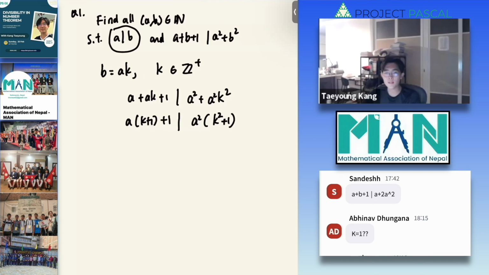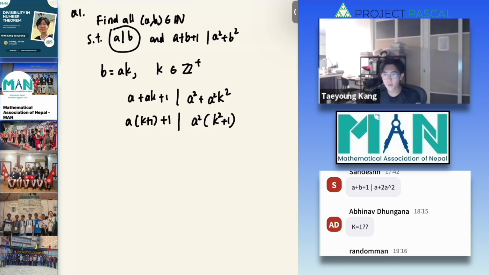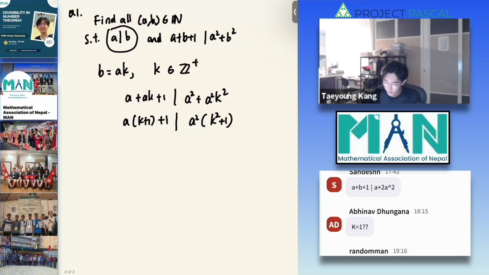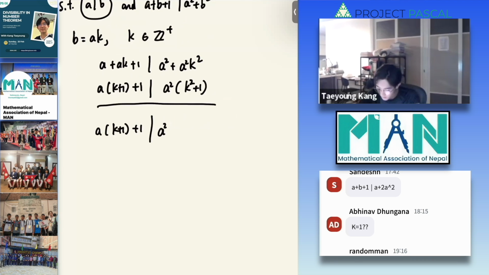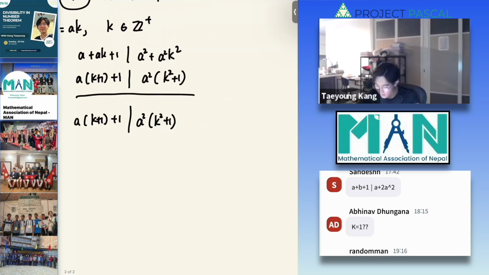And now, as Sandesh mentioned, we can use the Euclidean algorithm on this, right? If this condition is true, it means that A K plus 1 divides A squared times K squared plus 1 minus K minus 1 times the whole left-hand side.